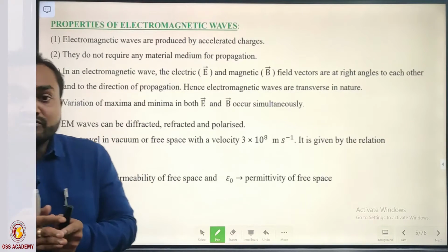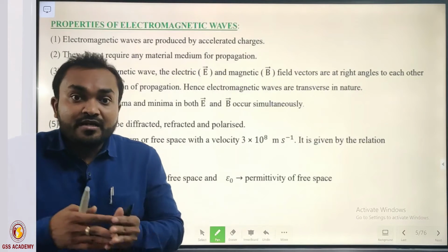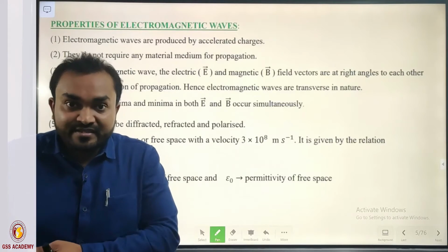Those who know Maxwell's equations, try to read them elaborately in terms of the electromagnetic method.